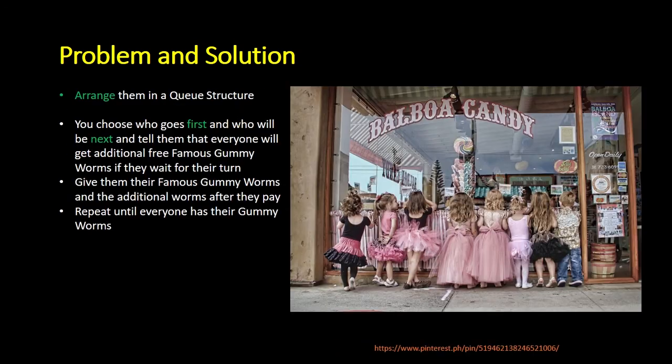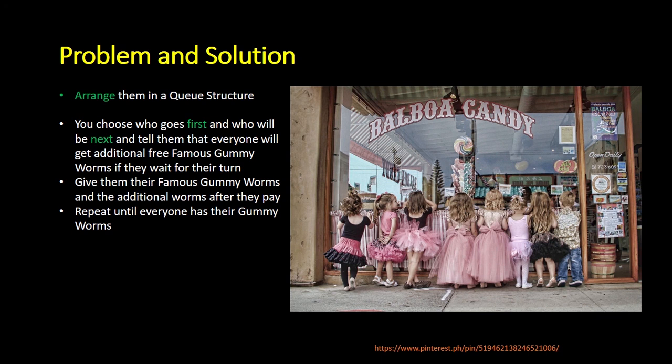What we are going to do is to arrange them in a queue structure. So you choose who goes first and who will be next, and tell them that everyone will get additional free gummy worms if they wait for their turn, because they're children, so you need to get their attention and get them to line up so that they will not fight.